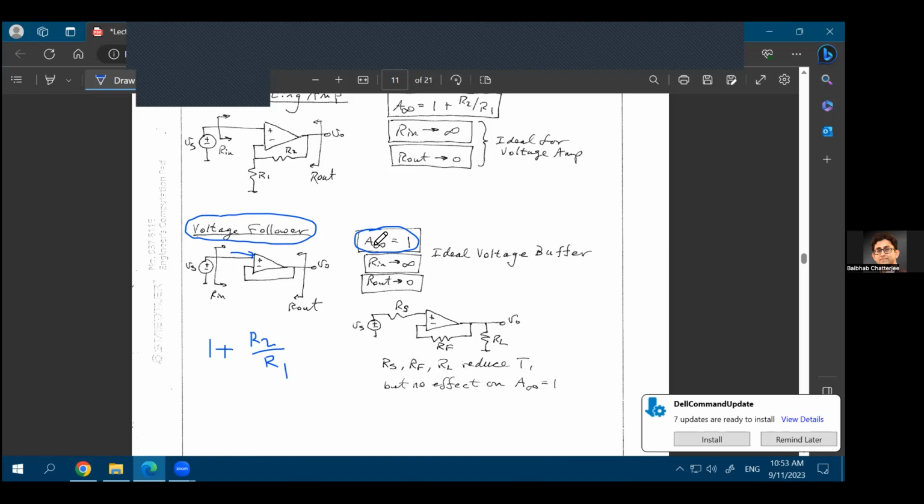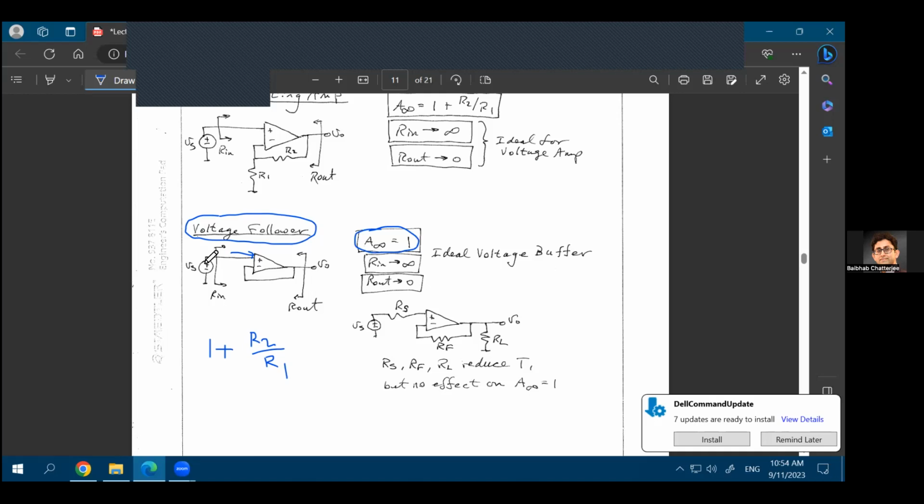So why do you use such a circuit, what's the practical use of something that produces exactly the same output as input? The practical use is that in most circuits that we'll be designing, in the course or even in future, you'll see that this Vs voltage, instead of coming from a voltage generator, may come from another circuit.